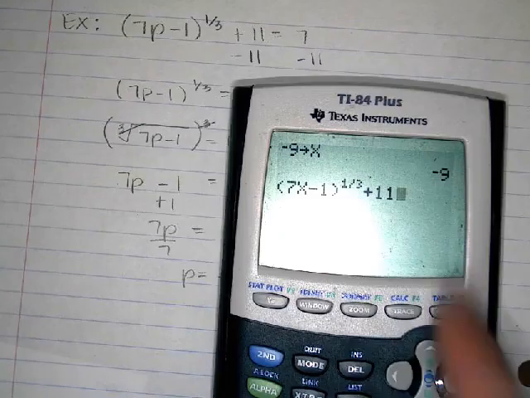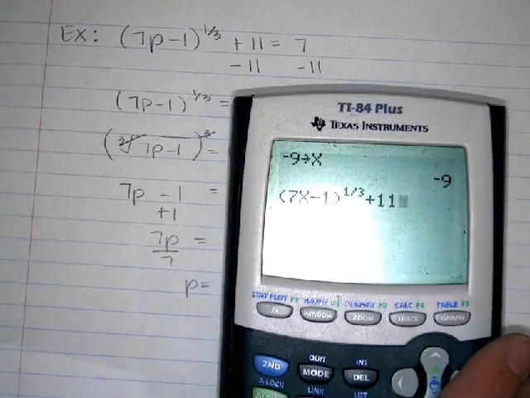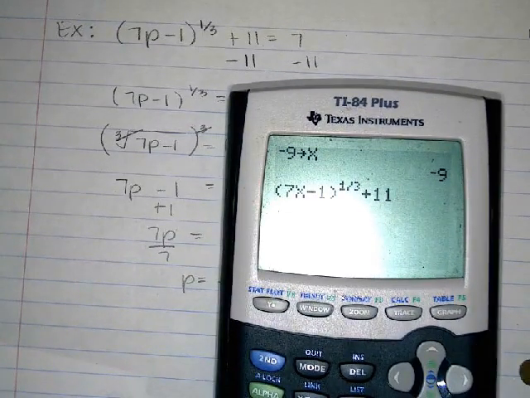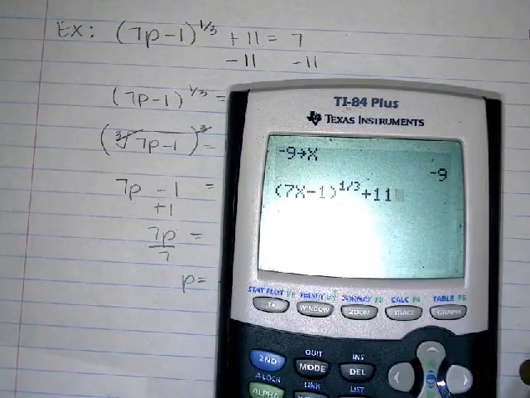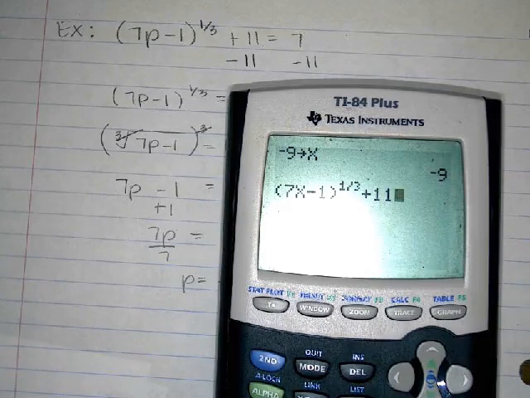I got it. Stored -9 and it's giving me an error. Don't hit the store button before you hit. I got 7 as the answer. Okay, we should get 7.